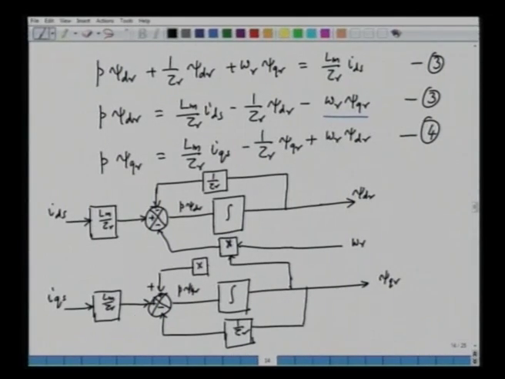So this is coming from psi dr, and this is the speed that is coming from here. So, this is again fed back to this particular block.